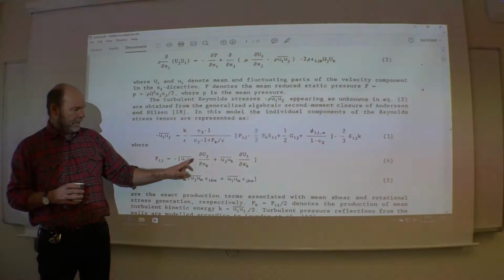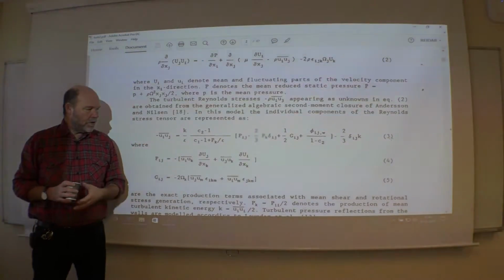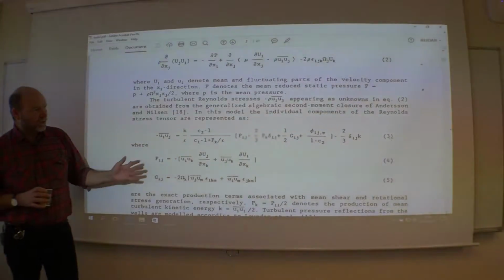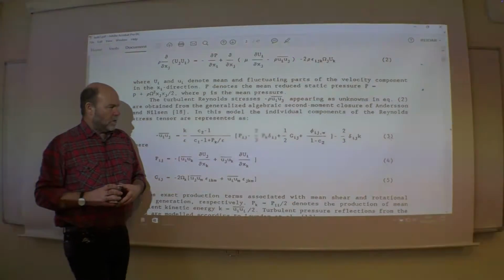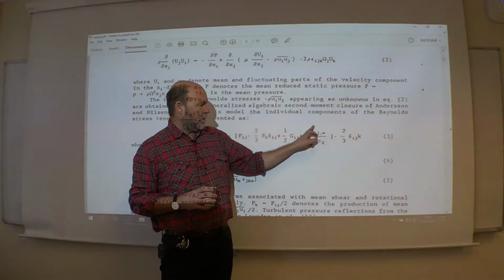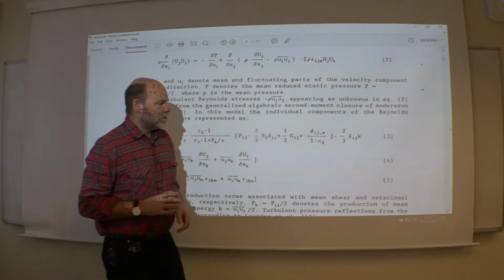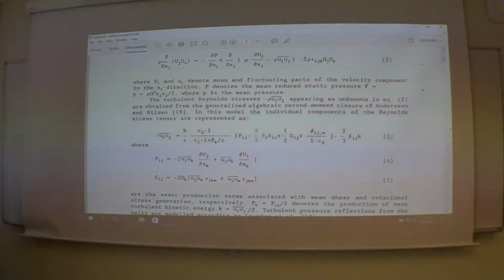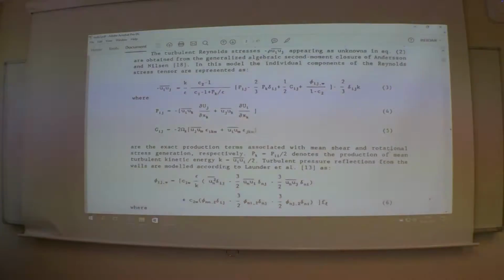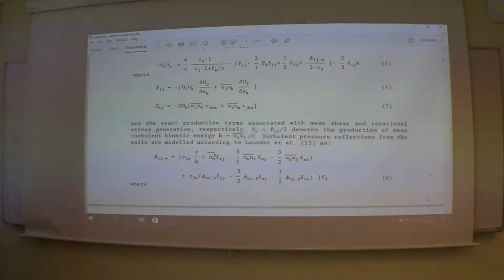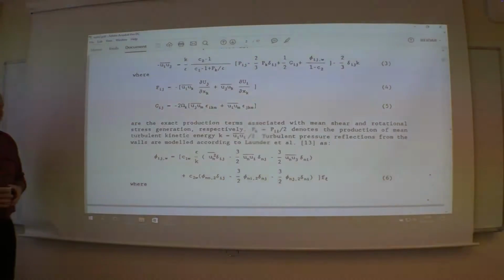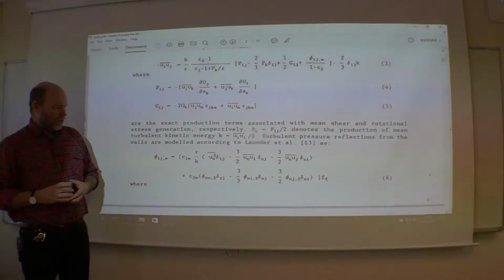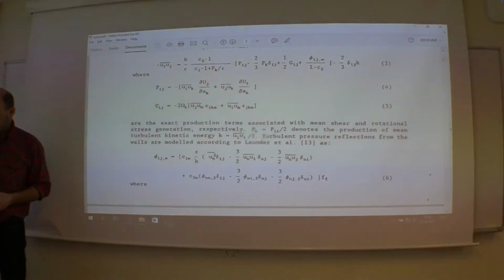They depend on the unknowns already, so they are not any problem actually. Some trick here is some redistribution term that has to be modeled taking the wall into account, and that can be quite complex. So here is a model for handling this wall turbulence dependency. Quite messy actually.